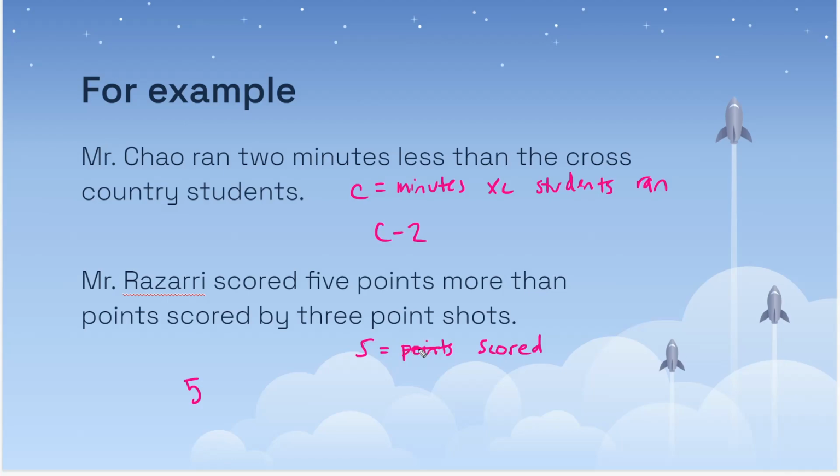I'm sorry, this shouldn't be points, this should be shots. For example, in basketball. So Mr. Rosari scored 5 points more than the number of shots scored, and each shot is 3 points, so he scored 5 points more than this number of points.